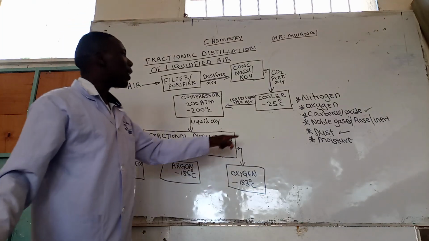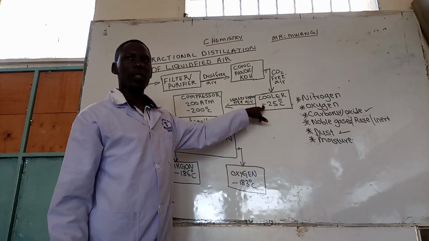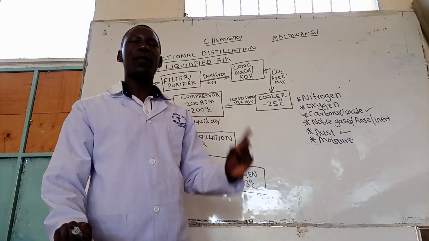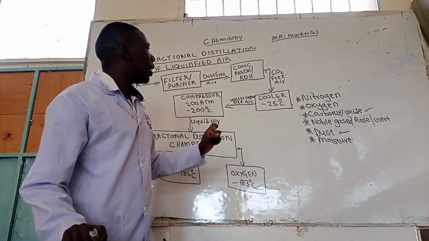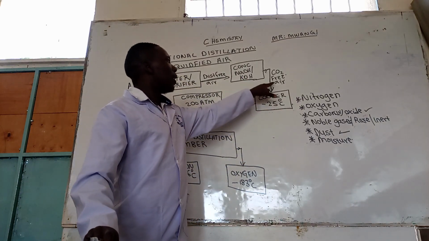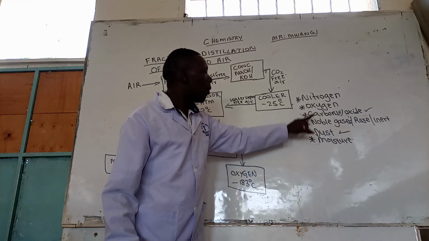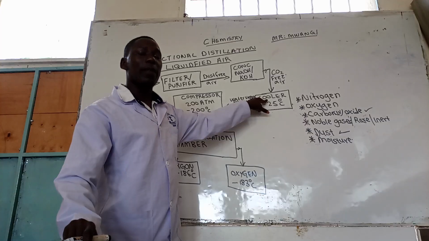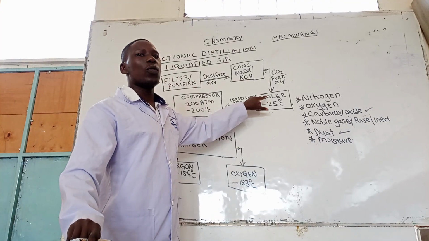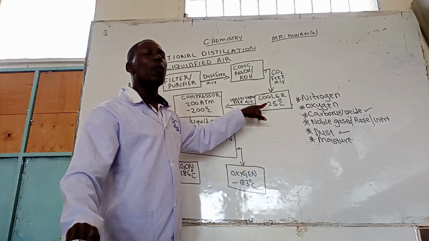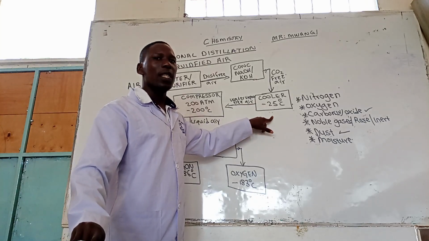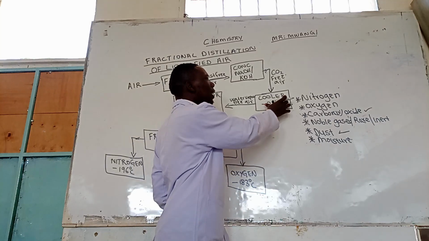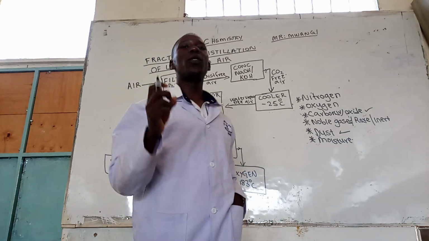The cooler is maintained at negative 25 degrees Celsius, meaning this is a very low temperature, enough to convert water from moisture to liquid, then to solid. So at this point, water is converted into liquid at 0 degrees.